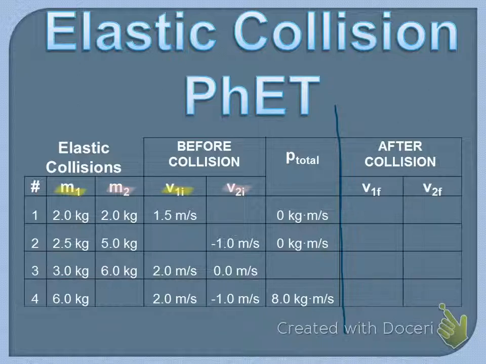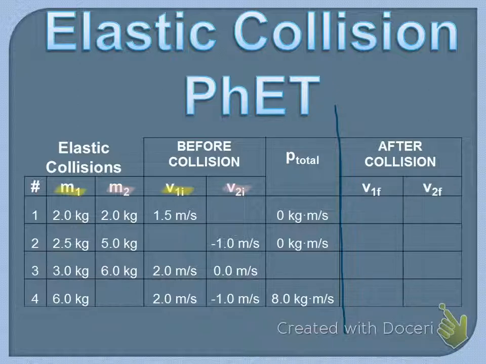I think a moment ago I misspoke. What I highlighted in yellow, m1 and v1i, we would multiply those together. Our product would be the momentum of object 1, and the pink highlighted mass 2 times velocity 2 initial would give us the momentum of object 2.